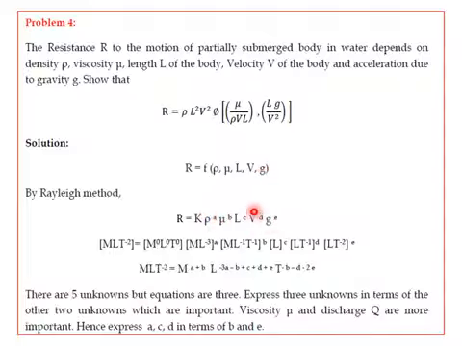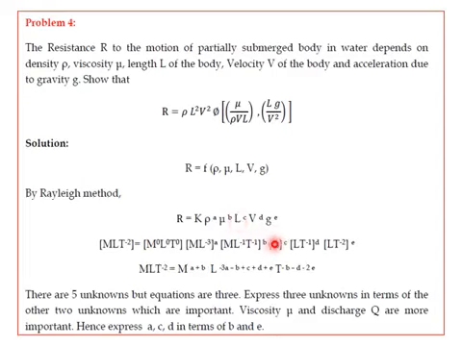So you can express in any order you want. Generally if we follow the statement order, I have written like this. So now we express the dimensions. This R is nothing but the force, that is M L T to the minus 2. Density is mass by volume, that is M L to the minus 3. Then mu is M L to the minus 1 T to the minus 1.